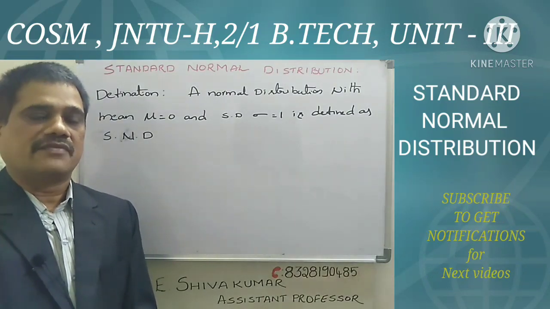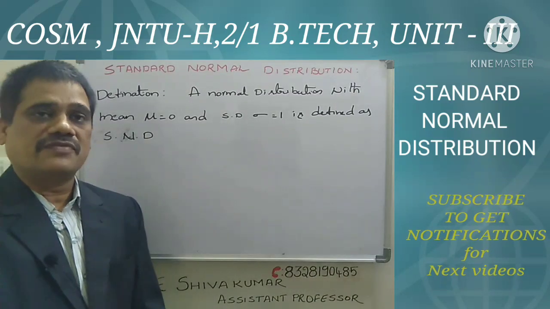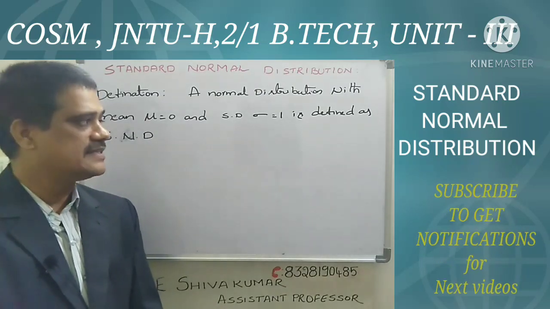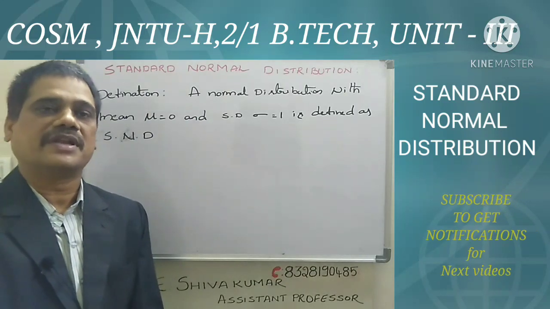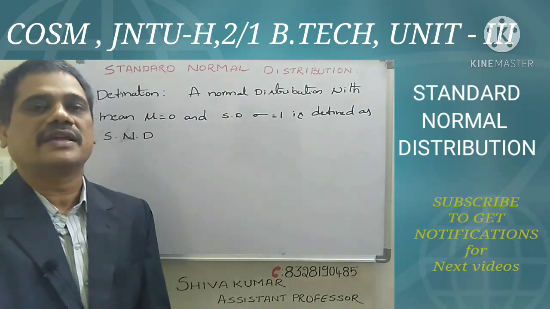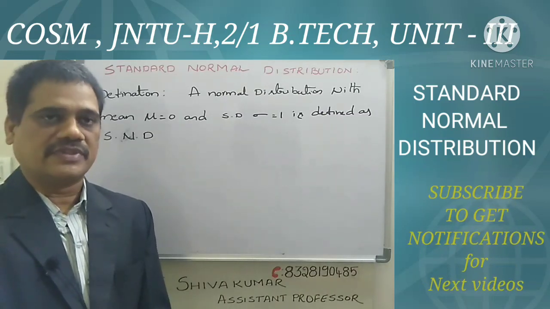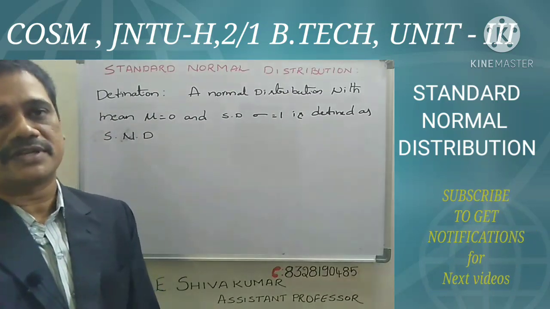With the help of the standard normal distribution, we have the table values. With the help of the table values, we can easily calculate the probability problems instead of doing the integration every time. Without doing the integration, we can find the probabilities. That is the benefit.